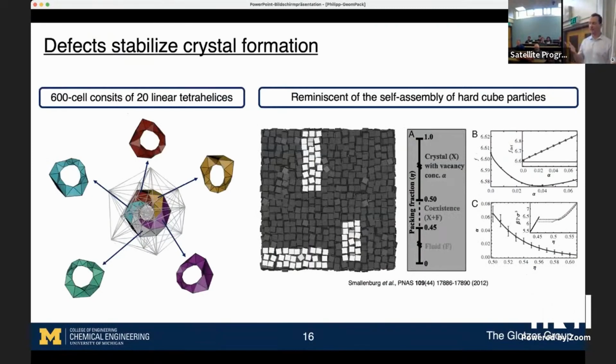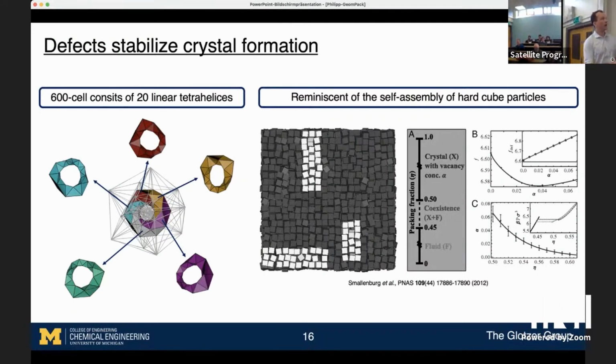And this is really reminiscent of the square case again. Marjolein Dijkstra and colleagues did these simulations and also observed that at the phase transition, vacancies help to transition into the simple cubic phase way earlier than if you don't have vacancies.